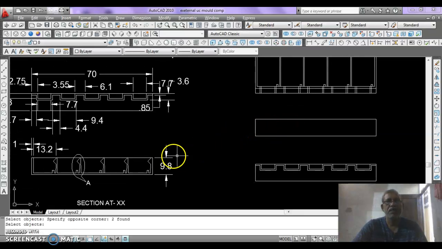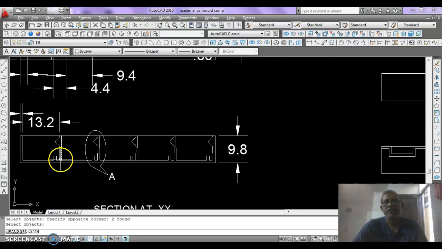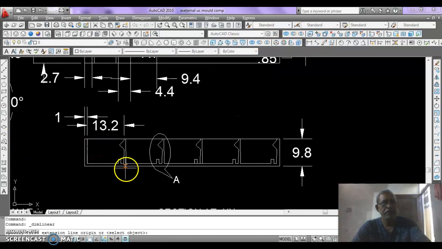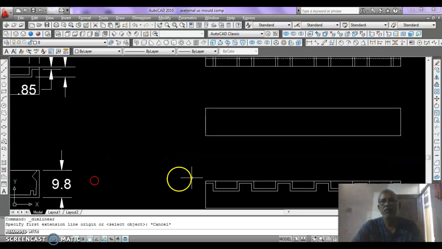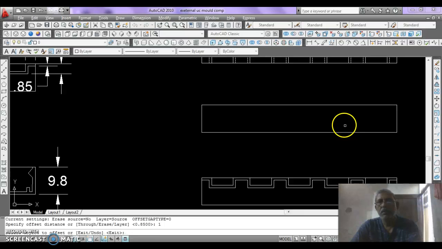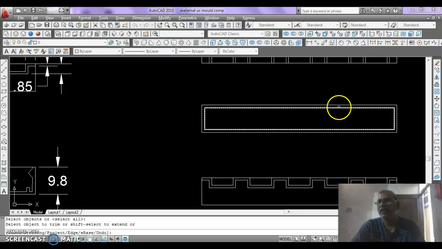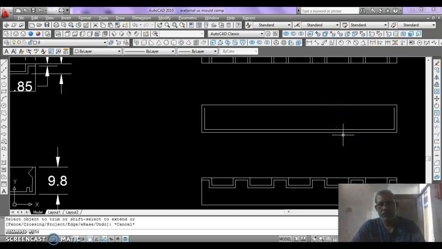Now draw a line at 13 point, offset the line by 1 mm. This we can just offset, O enter, 1 enter, and offset this inside, then trim this line and extend both the lines upward.